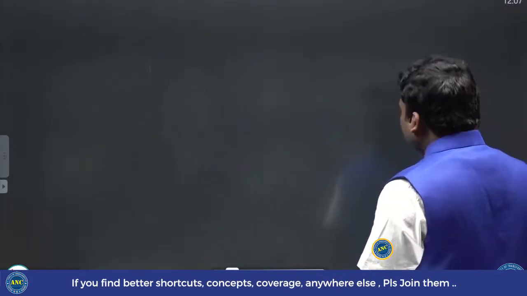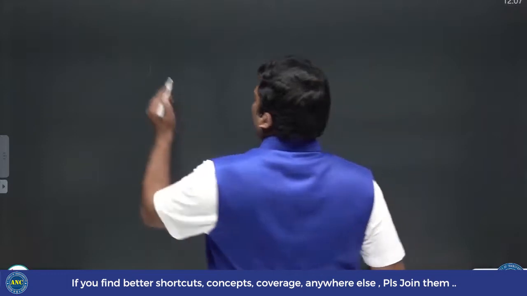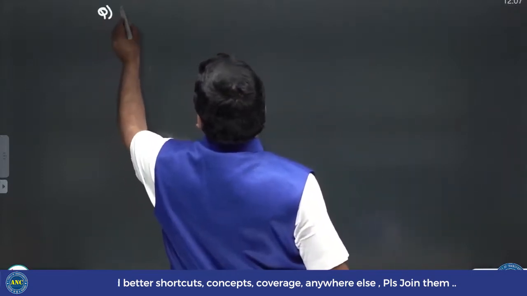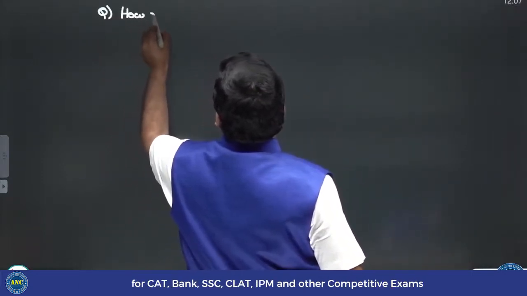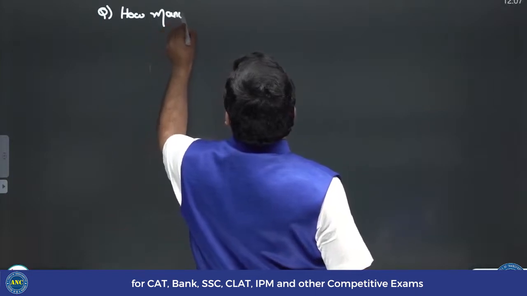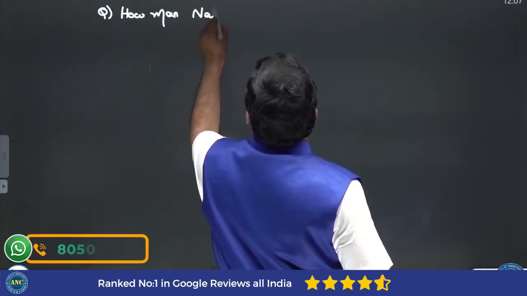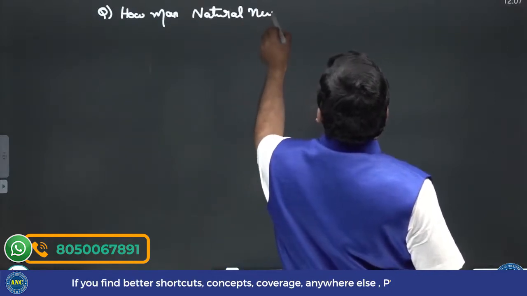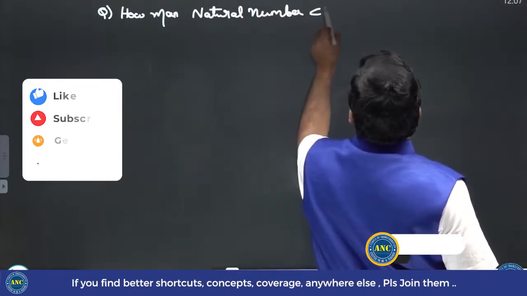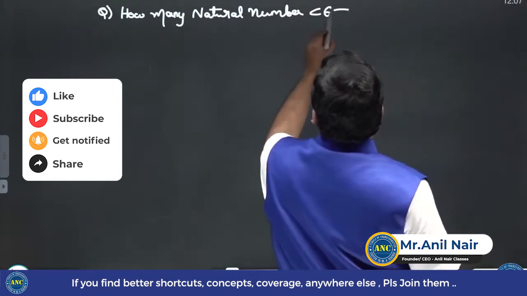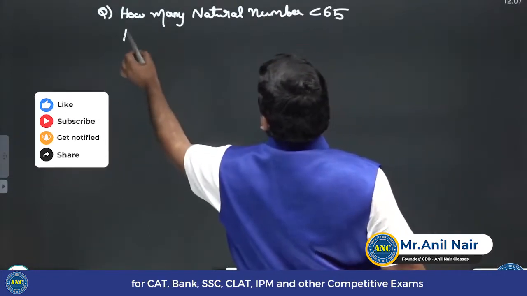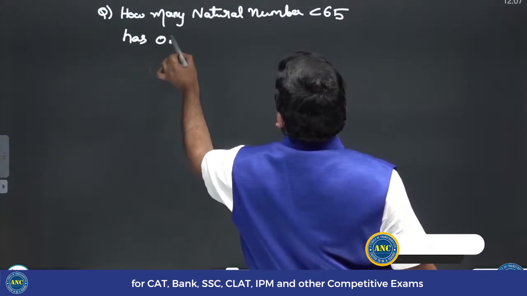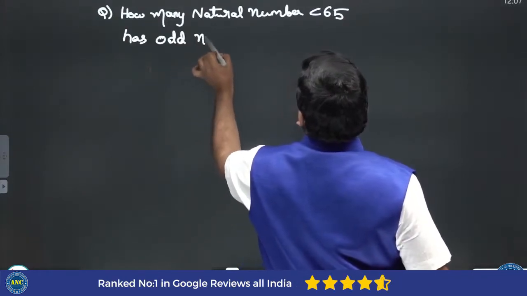Next, another few questions let us solve. How many natural numbers less than 65 have an odd number of factors?